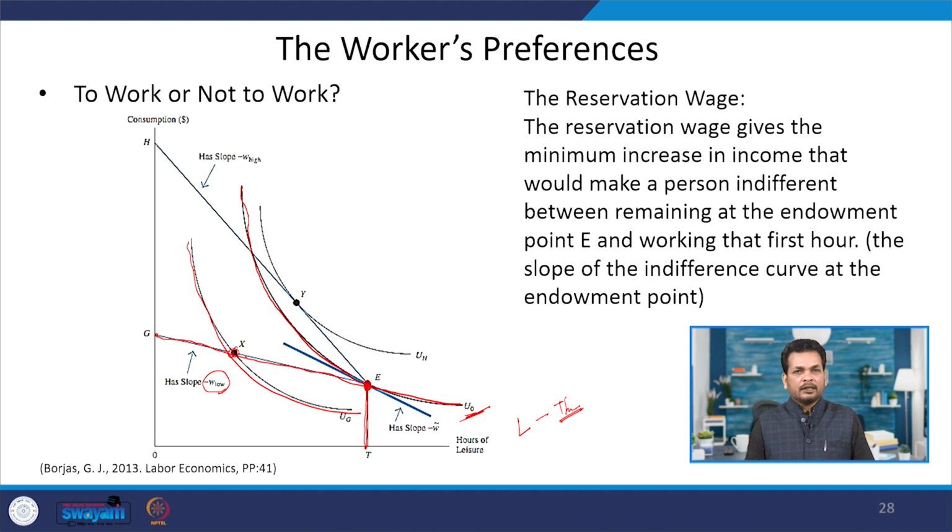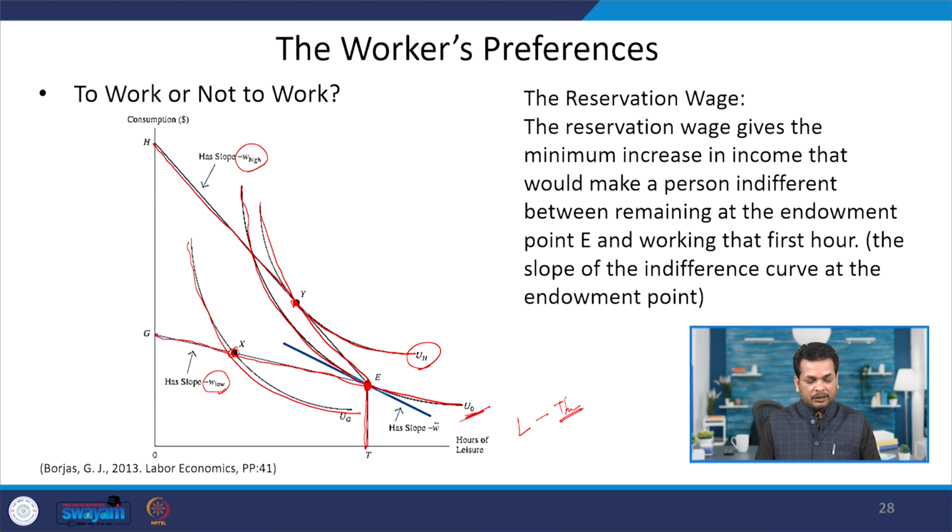Now, let us say a much higher wage rate, a high wage rate WH. With a high wage rate WH, the worker's opportunity set is HE, and the worker finds his utility maximizing point at point Y, operating at a higher utility UH.